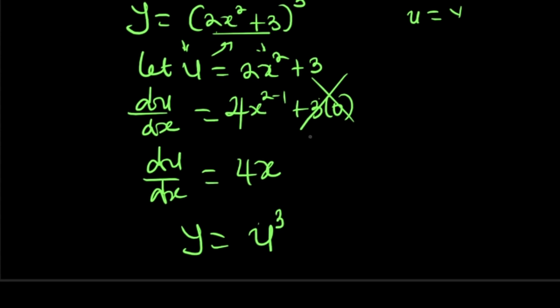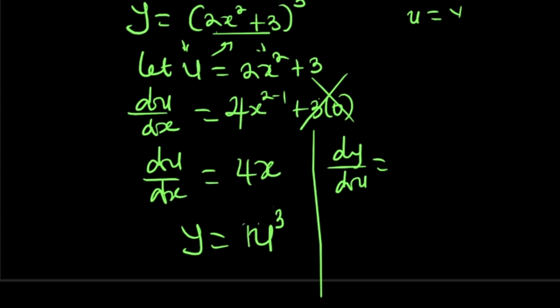Okay? Next up, we have to also go ahead and take the derivative. Since we have a y on the left and a u on the right, we say dy over du is equal to, use the power rule, where you multiply the coefficient of u by the power.